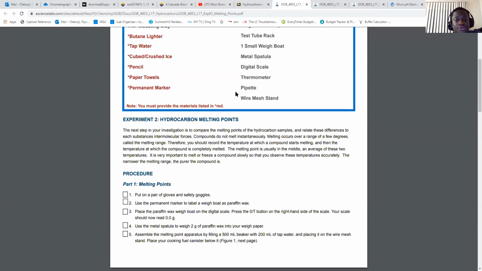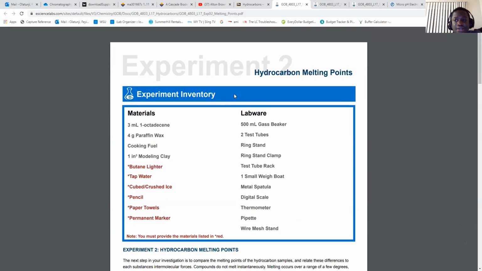And I want to add that if you are given a hydrocarbon that's straight chain, you should know that the intermolecular forces of attraction between those molecules are going to be stronger, so you expect a higher melting point. That's because whenever you're doing a melting point, you're converting your solid into a liquid, and to do that you have to break the intermolecular forces of attraction between those molecules.